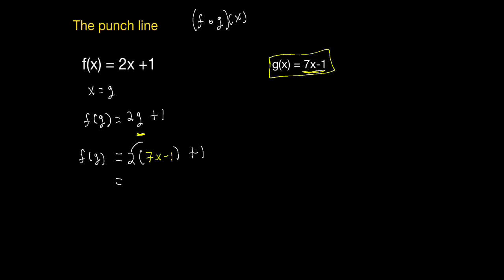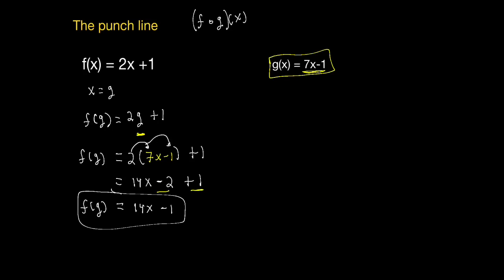We can distribute the 2. 2 times 7x is 14x, and 2 times negative 1 is negative 2, and we have that plus 1 at the end. We combine like terms by grouping the constants together to get a total of 14x minus 1. Negative 2 plus 1 is negative 1, and that would be f of g.